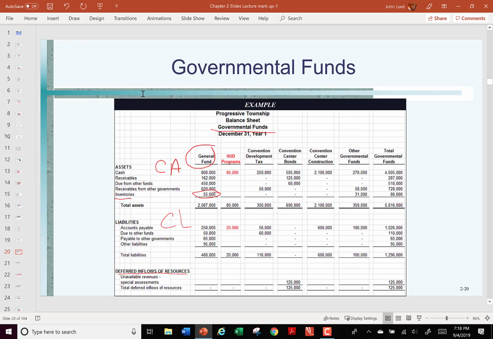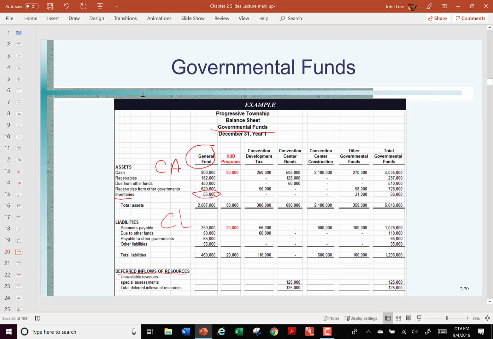Okay, good. Now, we have our governmental funds. And when we deal with our governmental funds, it is current assets and current liabilities, isn't it? So there are no long-term liabilities here. It's all current items.